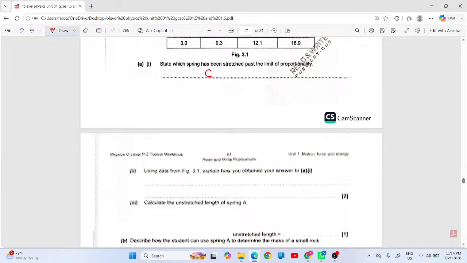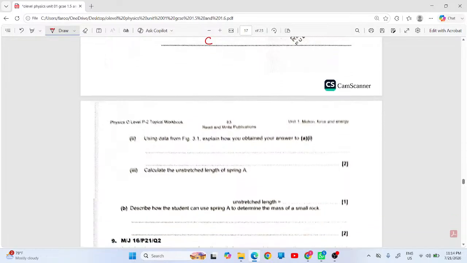अच्छा, सिर्फ नेक्स्ट है। पार्ट 1 सर, the spring stops uniformly extending with load.